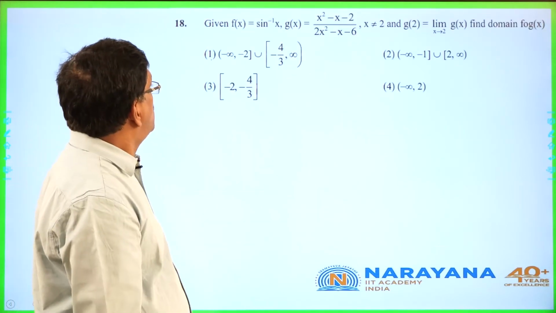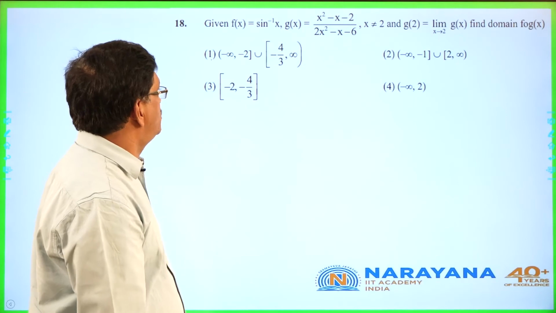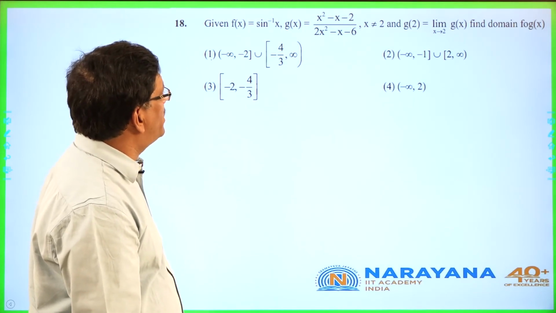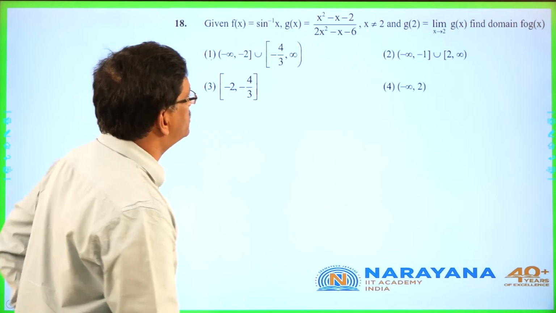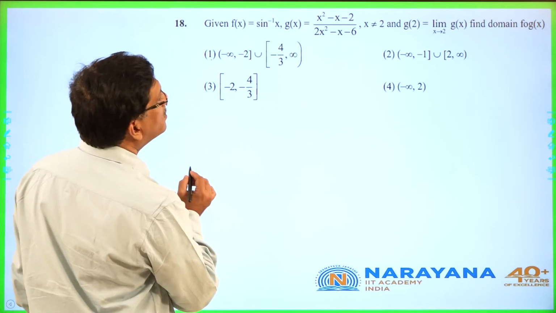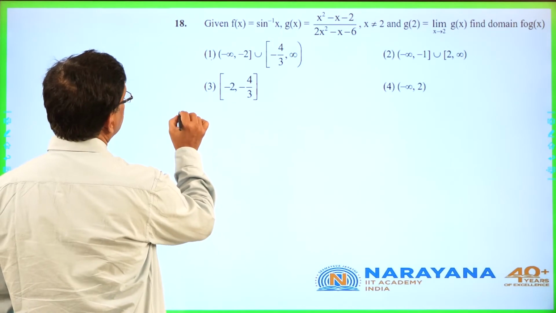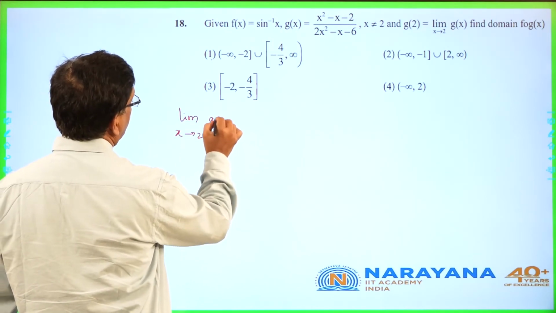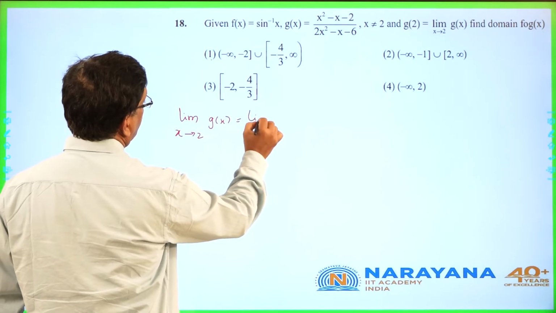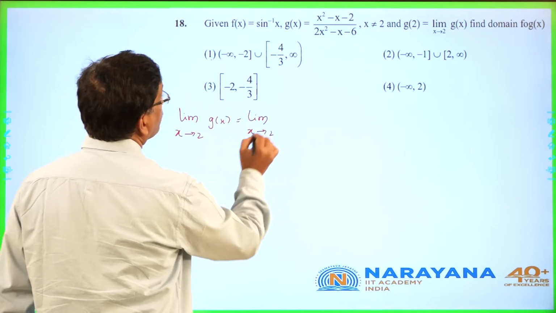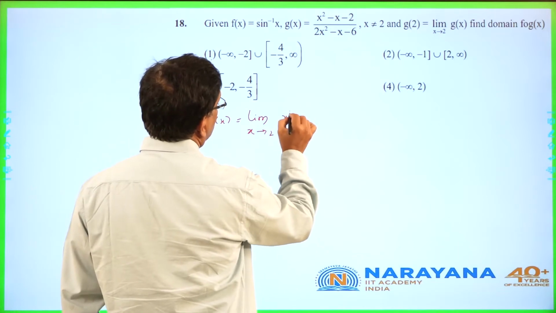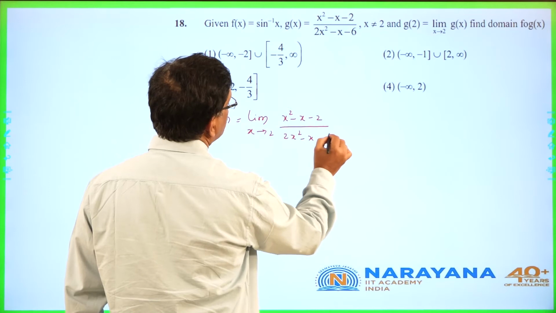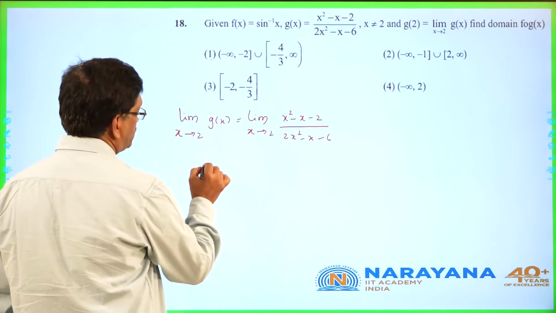Yeah. F of x is sin inverse x. G of x is so and so. G of 2 is equal to limit x extends to 2 of g of x. It is (x square minus x minus 2) by (2x square minus x minus 6).